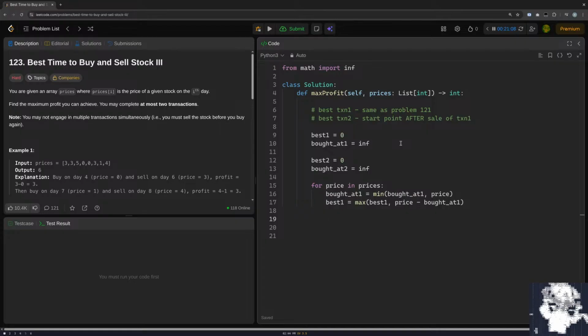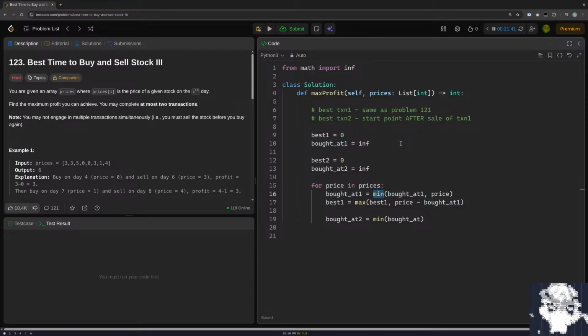So bought at 2 is equal to the minimum of bought at, you know what, I can't do this min stuff.